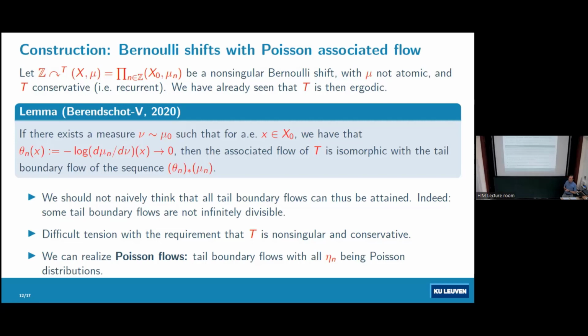Anyway, to cut a long story short, you start feeling that we better have such transition probabilities that can be divided, infinitely divisible in the usual sense of the word for probability theory, or infinitely divisible laws, and that's what will come up now. So indeed, we can have such associated flows that are tail boundary flows precisely in the case that we call Poisson flows, namely tail boundary flows for transition probabilities that are Poisson distributions.